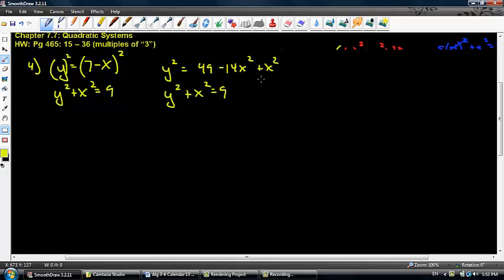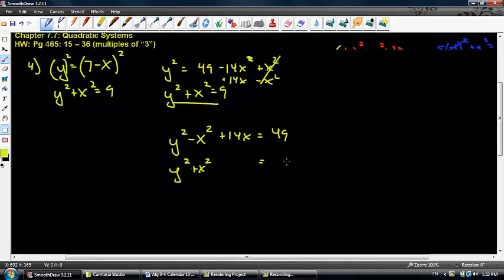So let's go ahead and move some things over. Let's go ahead and subtract x squared from both sides and add 14x, and that should not be squared. So this is really y squared minus x squared, right, because those go away, plus 14x equals 49. This bottom thing is really y squared plus x squared equals 9. Well, the x squareds are going to cancel each other out.